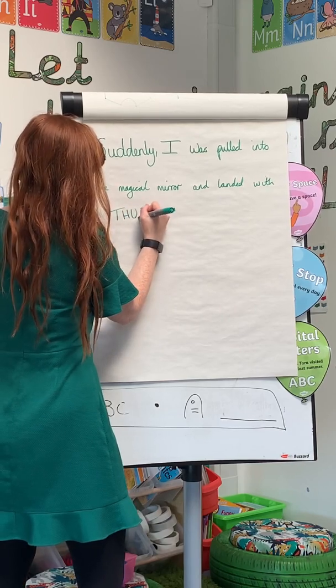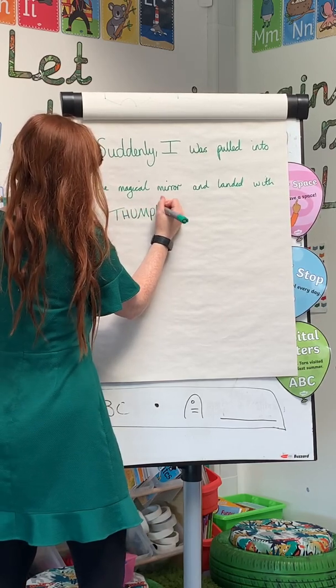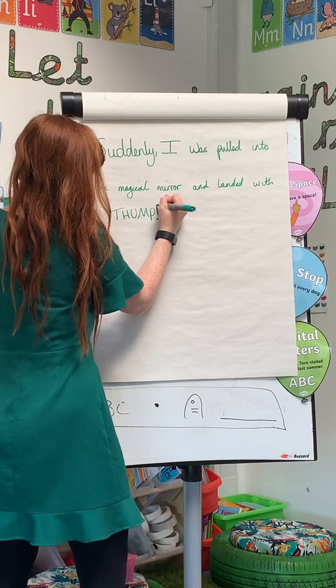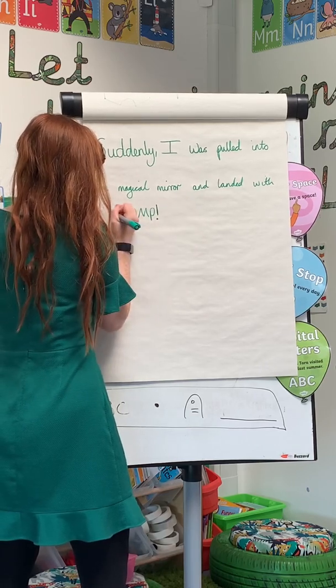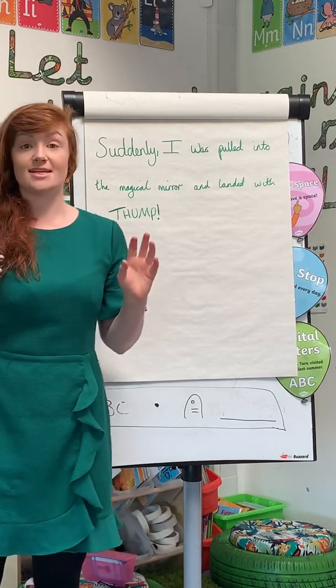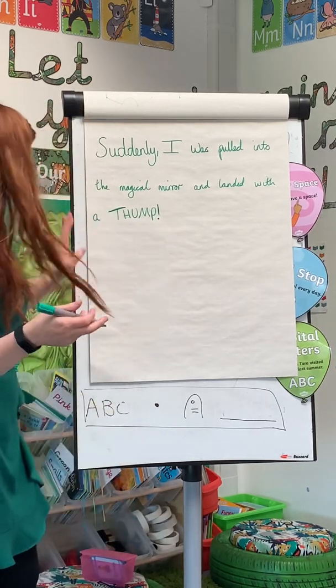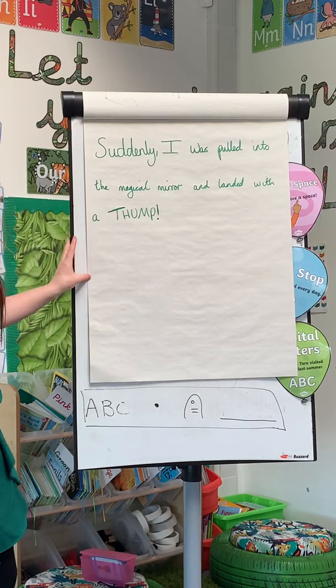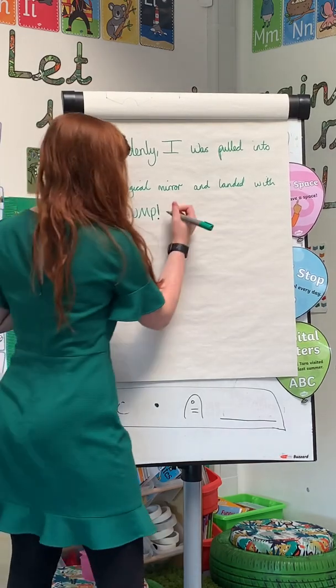Thump is how I've landed. I'm going to do it in capital letters to accentuate that even more, to emphasise it. Suddenly, I was pulled into the magical mirror and landed with a thump.